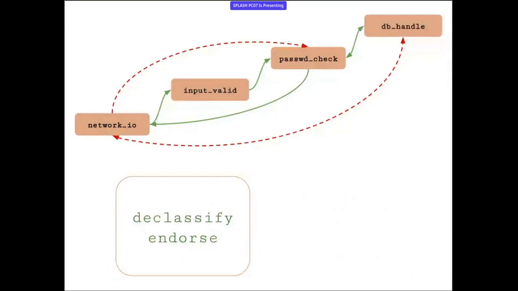There's something I haven't addressed here, which is that in this diagram, transitive flows are allowed, but direct flows are not in certain cases, right? So between network I/O and password checking, between those two modules. The way information flow systems classically deal with this is through two operations, declassify and endorse. The first of these corresponds to confidentiality, and the second corresponds to integrity.